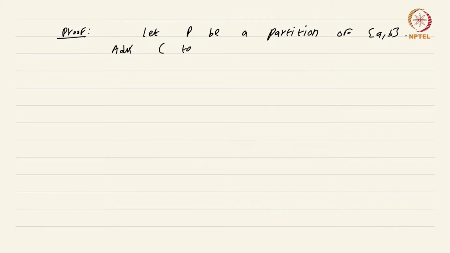Proof. Again, the proof is not at all hard. What you do is you fix a partition. Let P be a partition of AB. Okay. Now add C to this partition if needed.